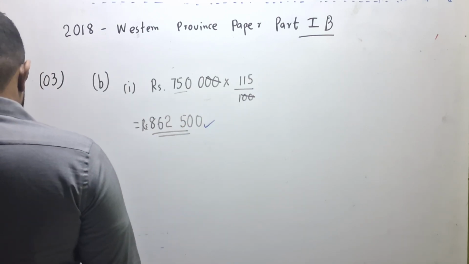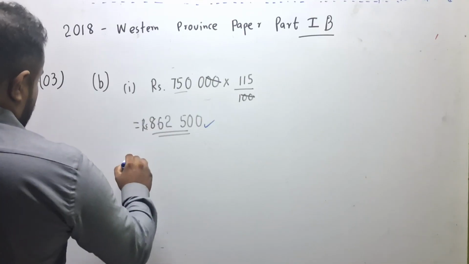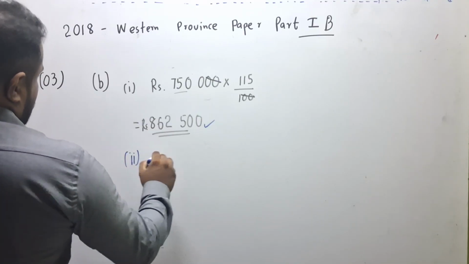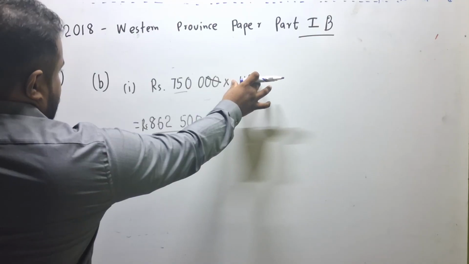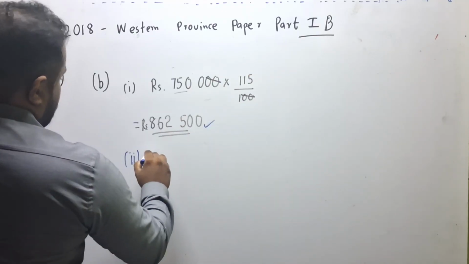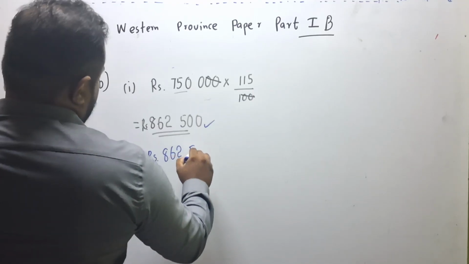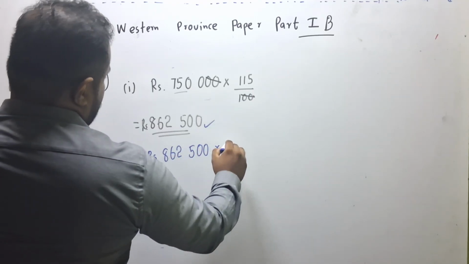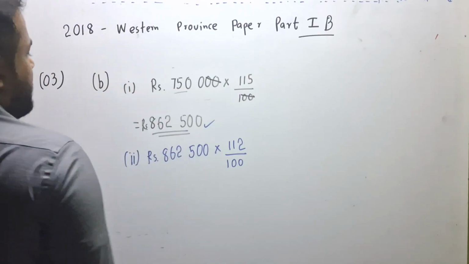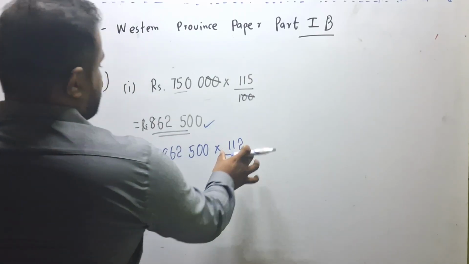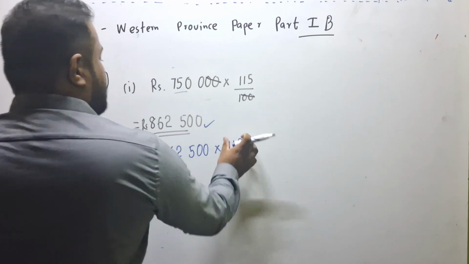And they are asking about the selling price. So what we can easily do is, as we did here by using 115, multiply this 862,500 value by 112 over 100. Why am I multiplying by 112? Because after getting 12% profit, the value of 100 becomes 112.